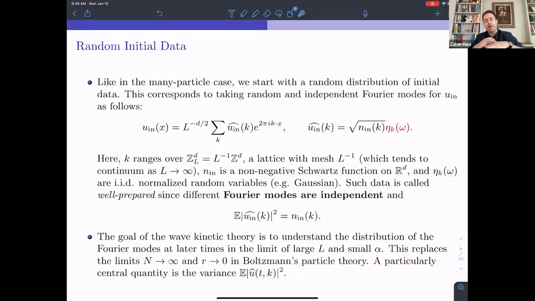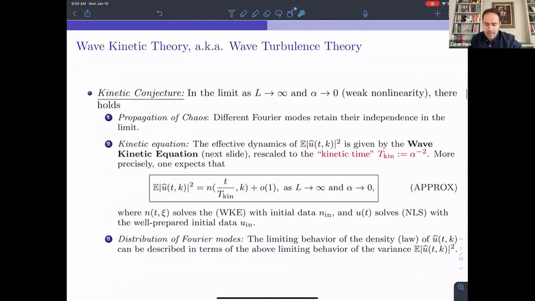So we start with a random distribution of the initial data, and then we propagate by the deterministic equation to a later time t. We're interested in quantities related to the distribution of u hat of t, k at later times. In particular, the variance is an important quantity we'd like to understand. So what does the physical theory predict or state?